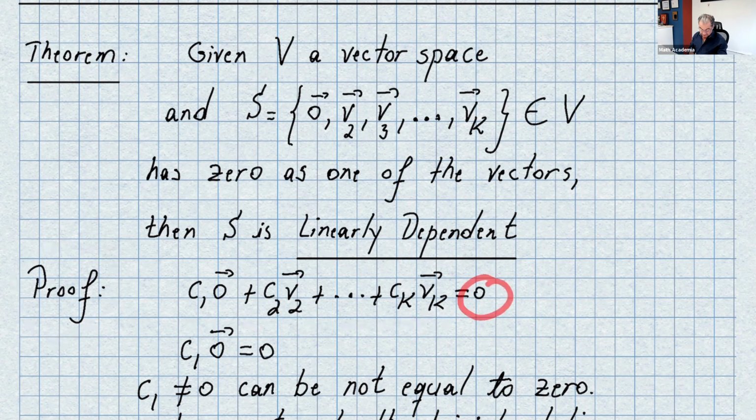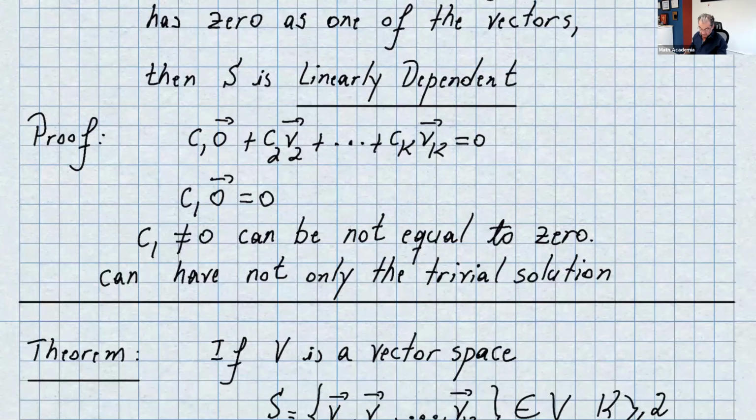If you just take that first one, C1 times 0 equals 0, and even if C1 is not equal to 0, it's going to be 0. So you're not sure if C1 will be 0 or not. C1 can be not equal to 0. It does not have only the trivial solution. That's why it's linearly dependent.